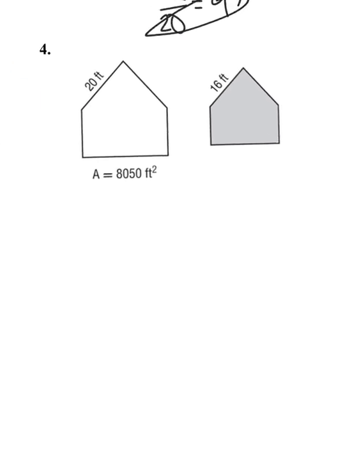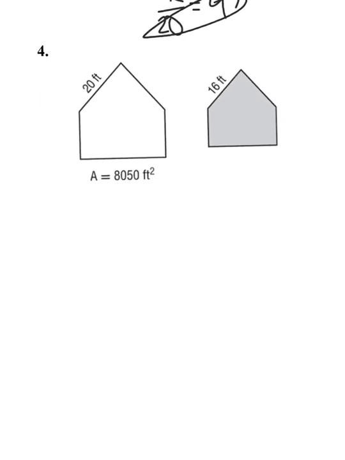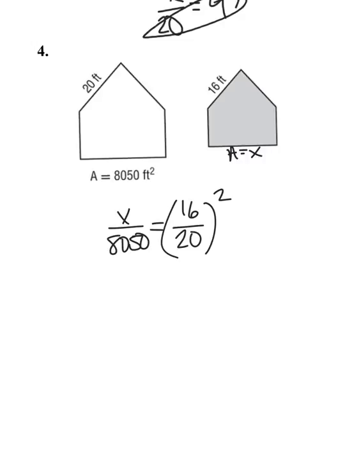Question number 4. I'm looking for the area of my shaded one. Okay. So x over 8,050. The proportion of my sides squared. Okay.